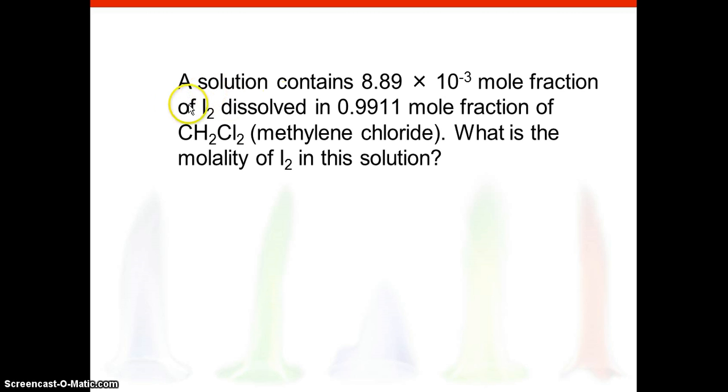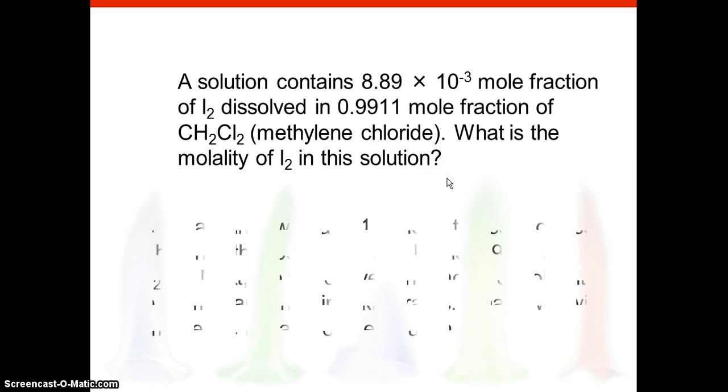Now let's say a solution contains 8.89 times 10 raised to minus 3 mole fraction of I2 dissolved in 0.9911 mole fraction of CH2Cl2, methylene chloride. What is the molality of I2 in this solution? Now in this case mole fraction is given and we need to calculate molality.